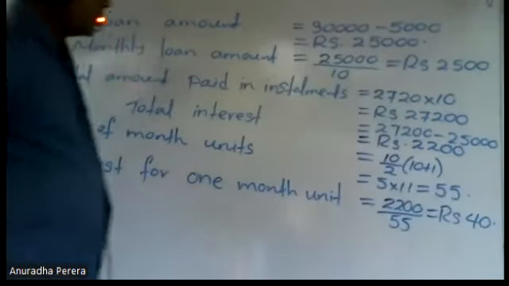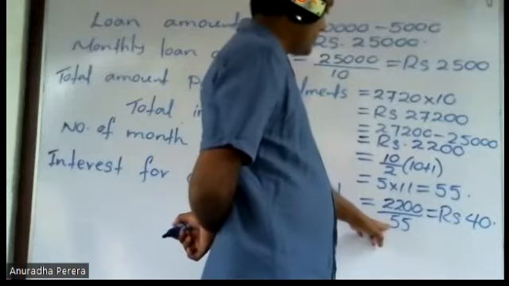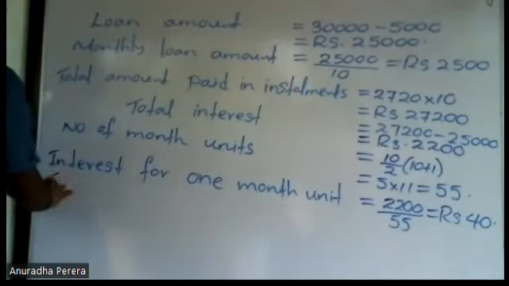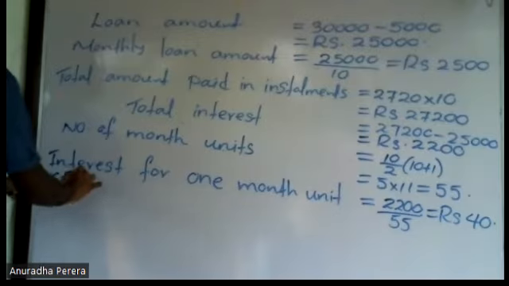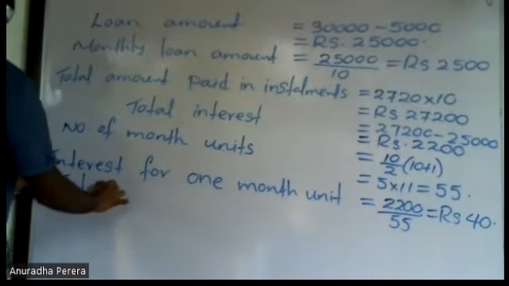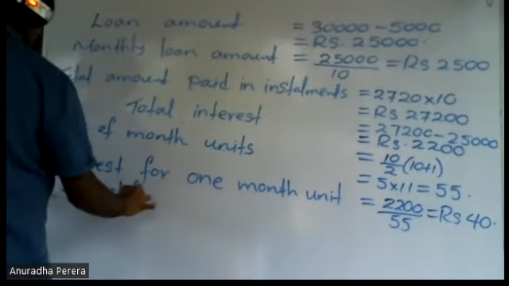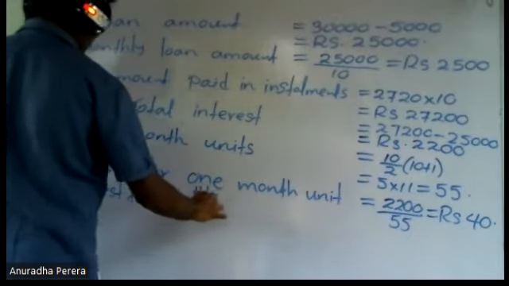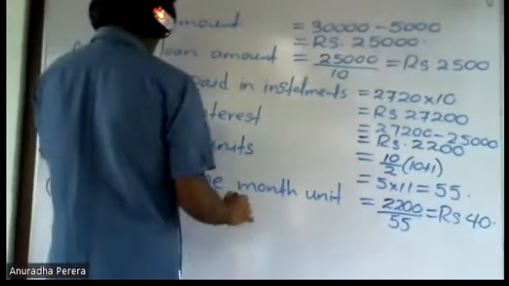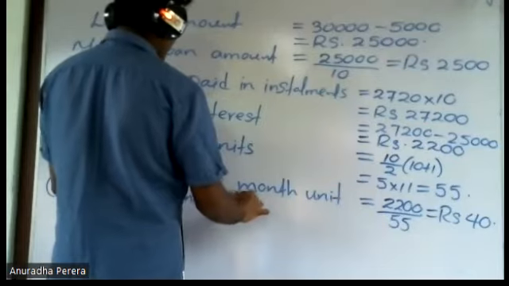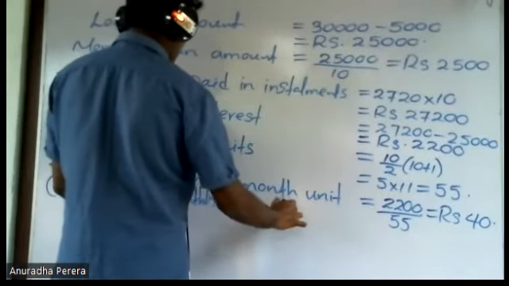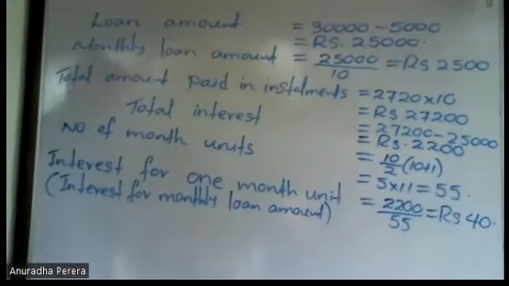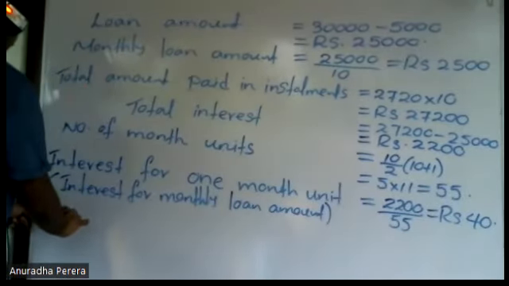This is called interest for monthly loan amount. Interest for 1 month unit means interest for monthly loan amount. Right? Now we can determine the annual interest rate.